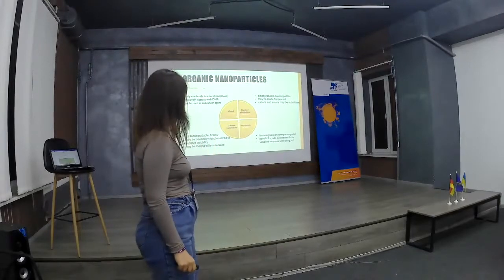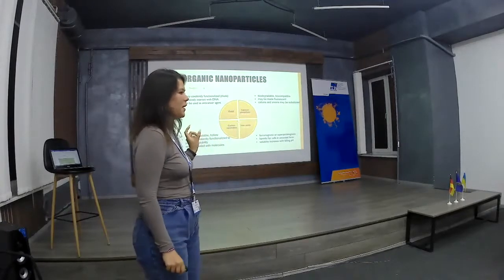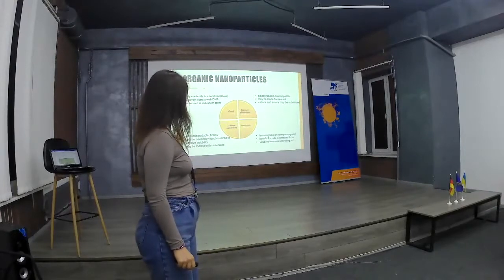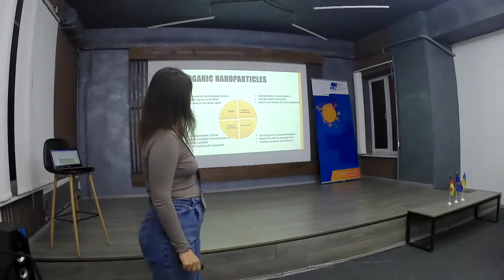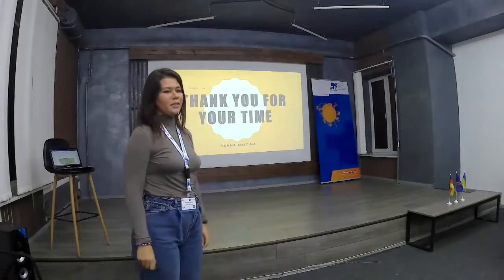Also, gold nanoparticles sometimes can be ultra nanoparticles, because when they are less than 10 nanometers we can call them ultra nanoparticles. Yeah, the next slide. Thank you for your time.